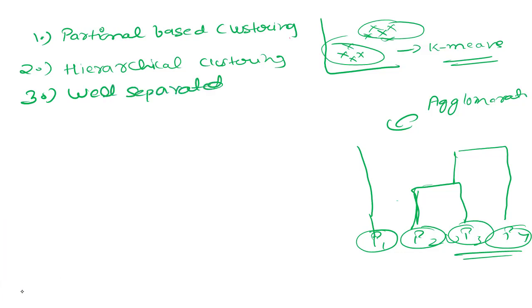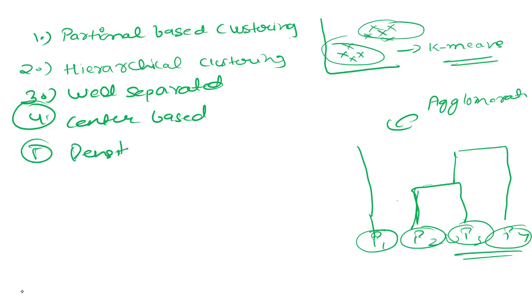Then you have the fourth one, which is center based, which is k-means clustering, a center based algorithm. Then we have something called nearest neighbors, k nearest neighbors. And then we have density based, which is often known as DBSCAN, which you will get in the problem set to learn about DBSCAN.